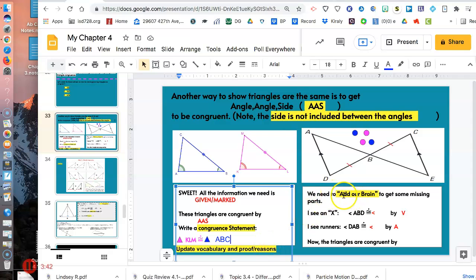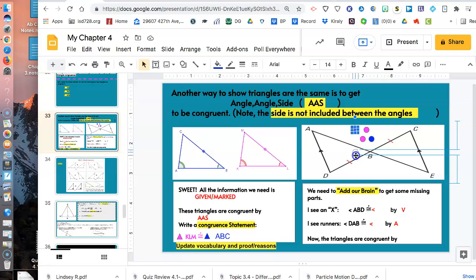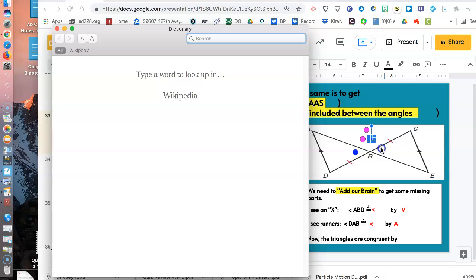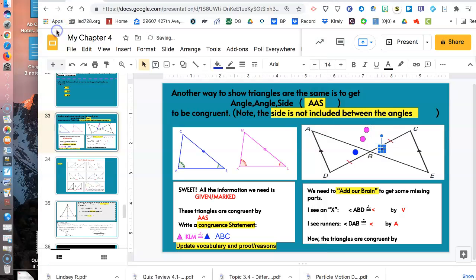We may need to do what I call adding our brain to get some of the missing parts. So you'll notice up here, only 1 pair of sides was marked. DB is for sure congruent to CB. But the rest of it, I have to use my brain and my reasons. I see that X in there at the center, and we're good at noticing that that's when we're going to cite the vertical angle theorem.